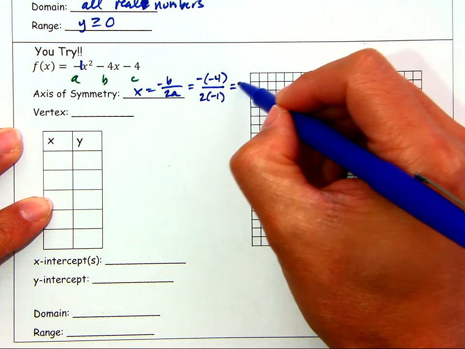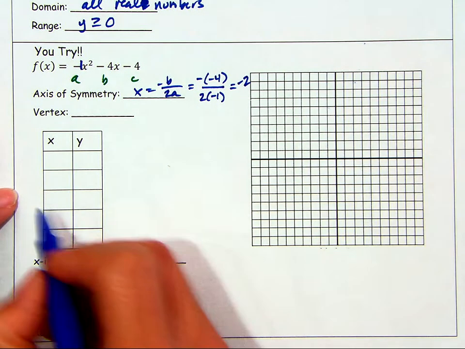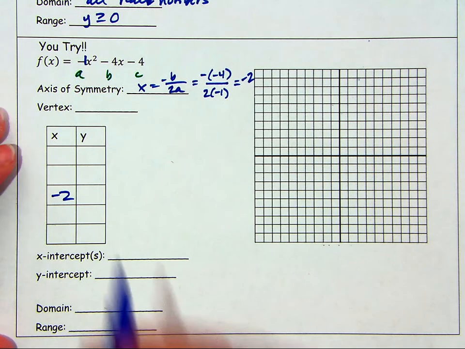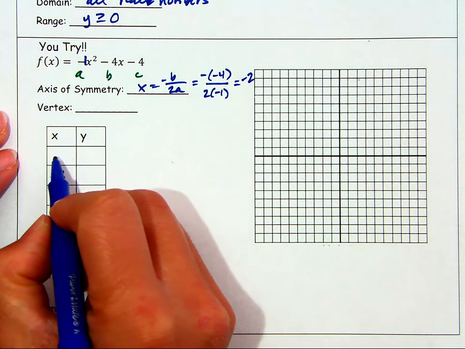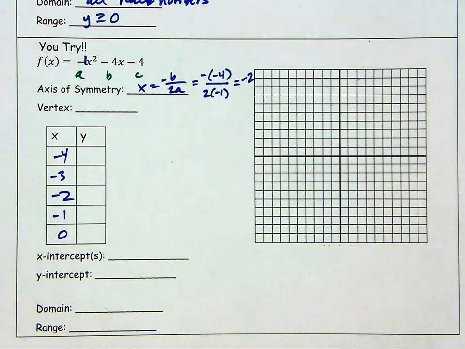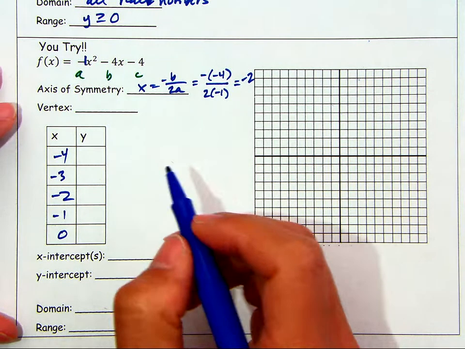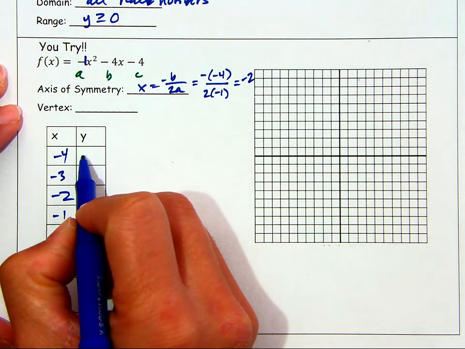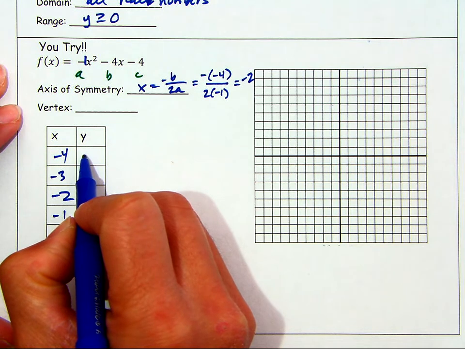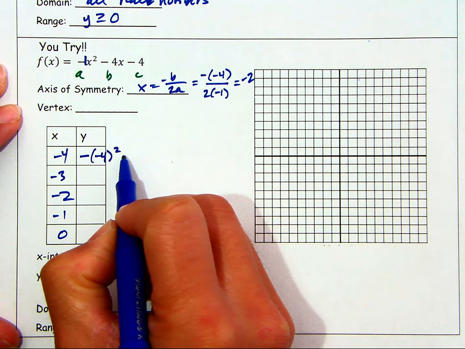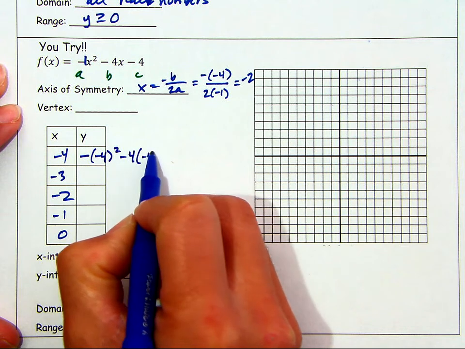Right, and that's going to be the center middle value in our table. And we'll choose some integers that are just less than that and just bigger than that. All right, so let's see here. We're going to have to evaluate now, so the negative of negative 4 squared minus 4 times negative 4 minus 4.